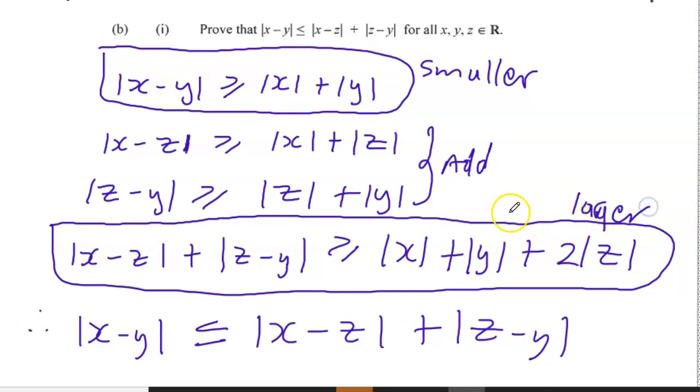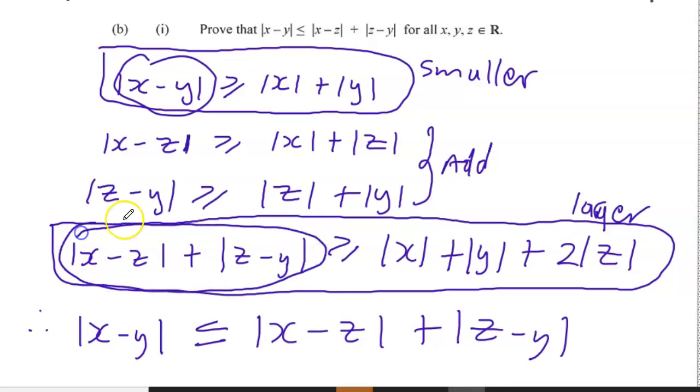So we can safely conclude that mod x minus y is less than or equal to this term here. When I compare this to this, mod x minus y is certainly smaller. Hence the proof.